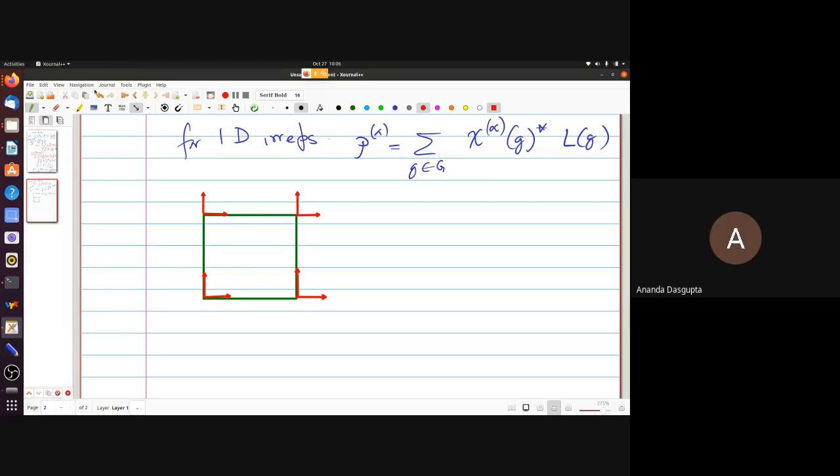And we have these vectors labeled like this. And I want to be able to project onto the irreps which we have here.